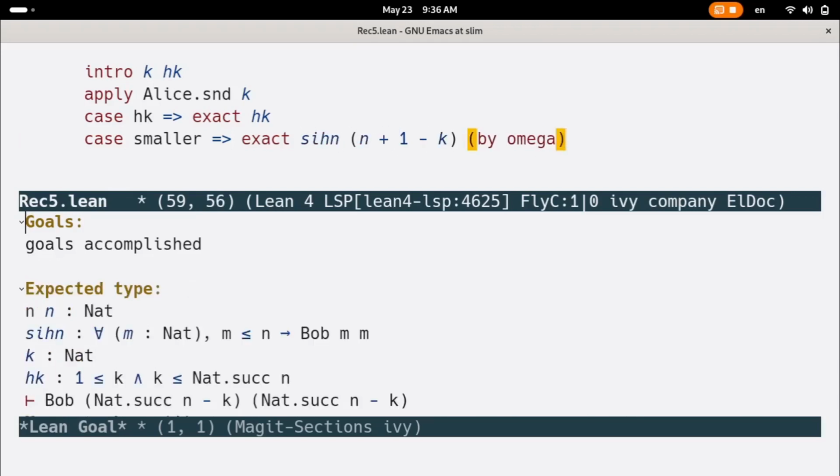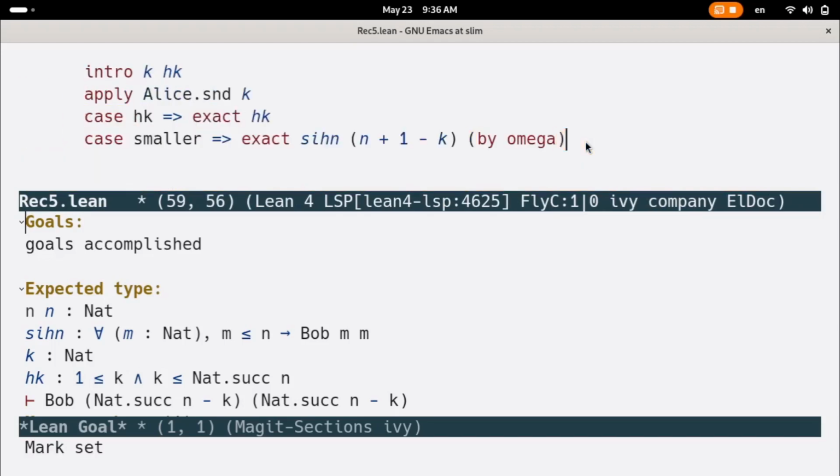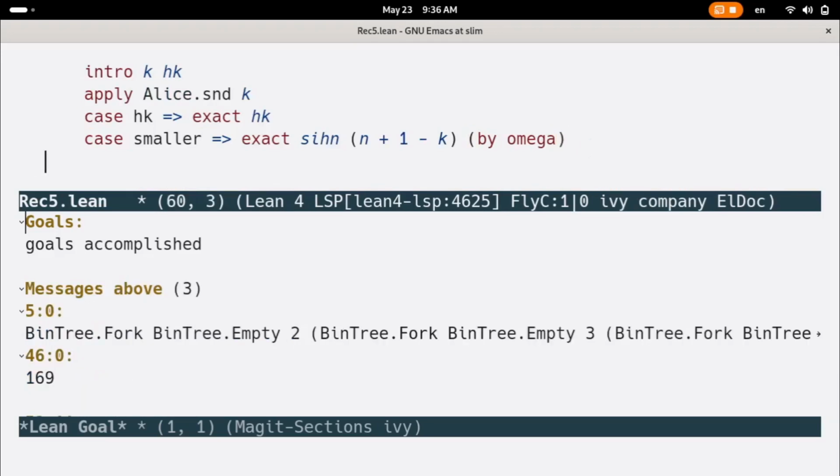Since k is greater than or equal to 1 is already in the hypothesis, omega can find this for us. So this proof literally reads: apply the strong induction hypothesis on n plus 1 minus k by concluding that n plus 1 minus k is less than or equal to n using 1 less than or equal to k in the hypothesis.